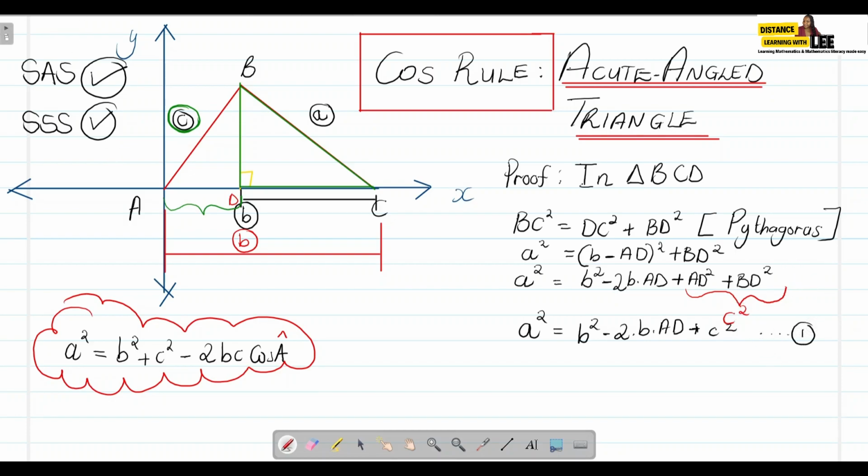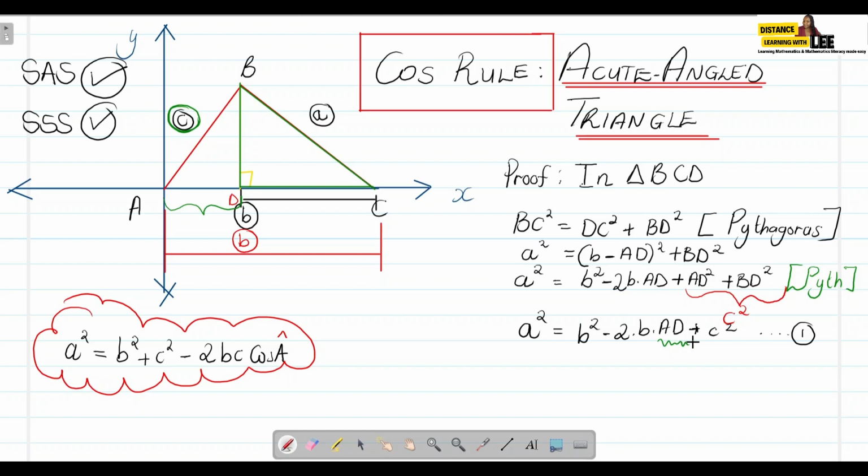Here, we've used the theorem of Pythagoras to simplify that part there. So we're done with that part. Already now, what can we see? We see that we need to sort out that AD here. So we need to find what AD is.